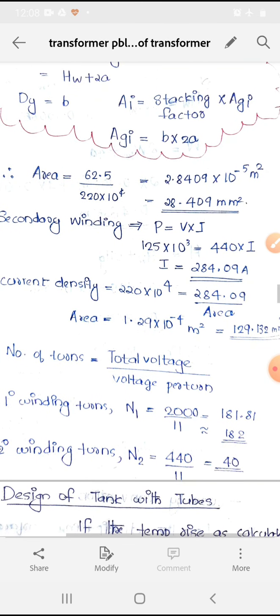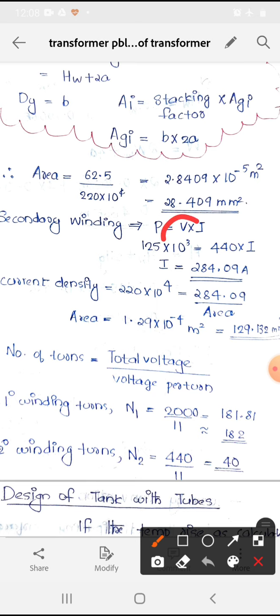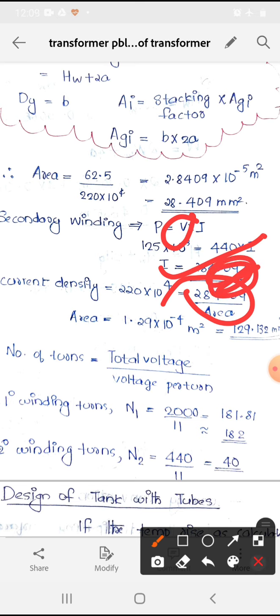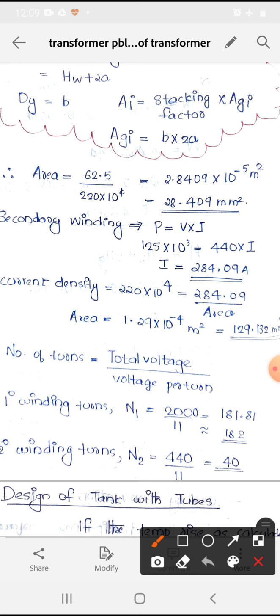That is for the single phase transformer, P is equal to V into I. So V is the secondary side voltage. From here we will get the secondary side current, and current density is equal to current by area. This current is the secondary winding current. So here we will get the area of the secondary winding.